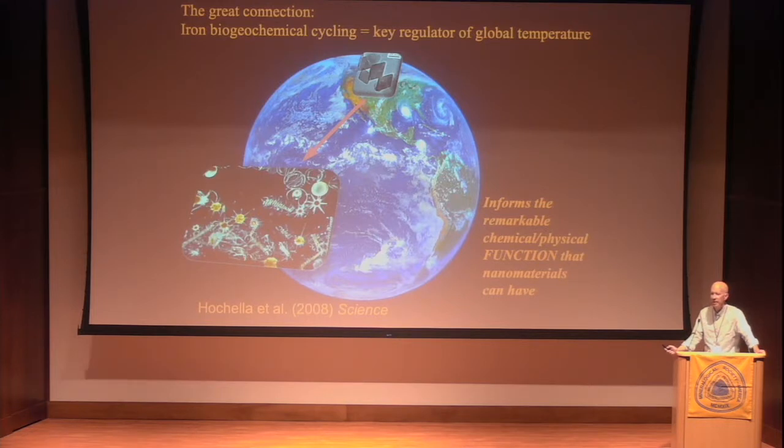Where does that iron come from? It comes from iron-containing nanoparticles. So these tiny nanoparticles that come off our continents affect the temperature of the planet through the CO2 consumption of these organisms. It adjusts the CO2 from the ocean to the atmosphere, and ultimately the temperature of our atmosphere.